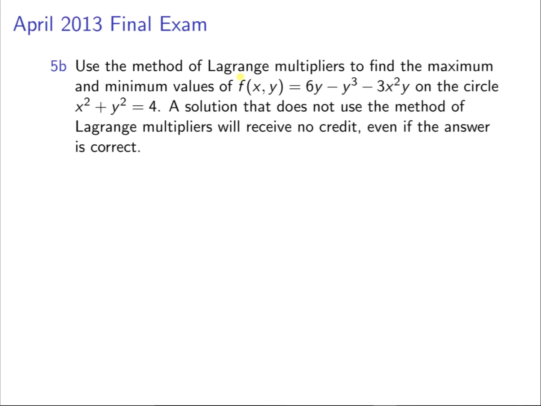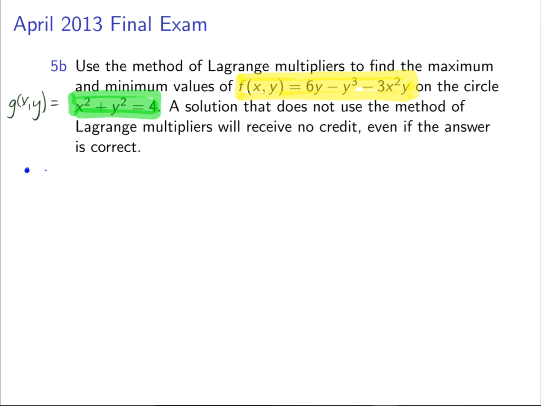Our objective function in this problem is this cubic function. Our constraint function is x squared plus y squared, and the constraint is that it needs to be equal to 4. So this is g. Let's start with our usual first two equations.